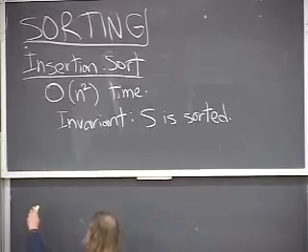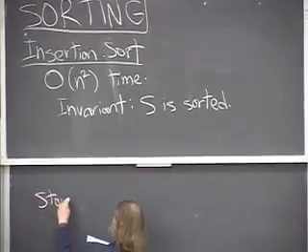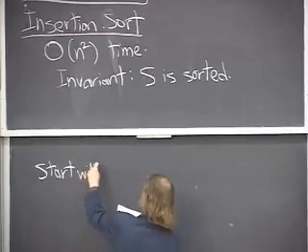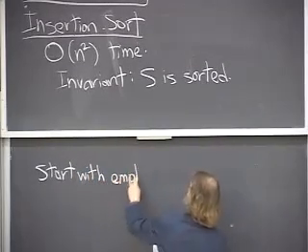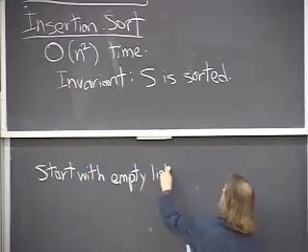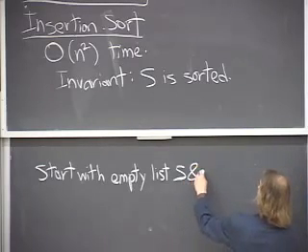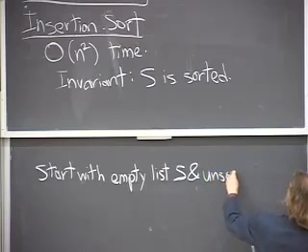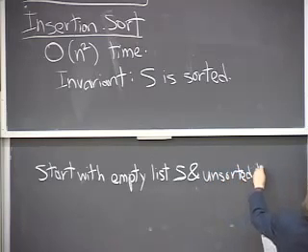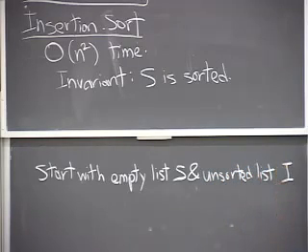So here's the algorithm. We're going to start with an empty list S. It's easy to keep an empty list sorted. And we also start with the input. It's an unsorted list I. I stands for input of n items that we want to sort.